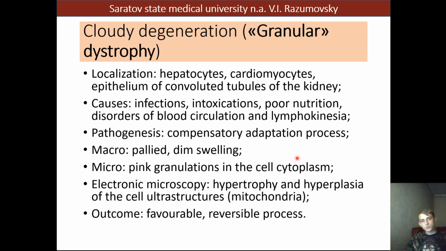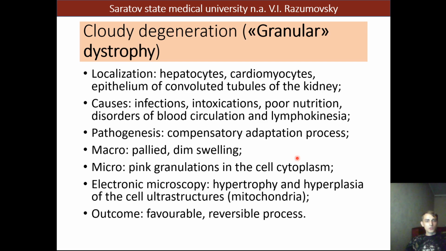Causes of this derangement will be infection, intoxication, poor nutrition, disorders of blood circulation, and lymphokinesia. Pathogenesis, like I already said, is a compensatory adaptation process. Macroscopically, the organ is pallid and we can see dim swelling. Microscopically, we can find pink granules in the cytoplasm of the cell.